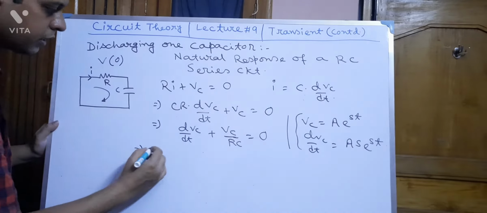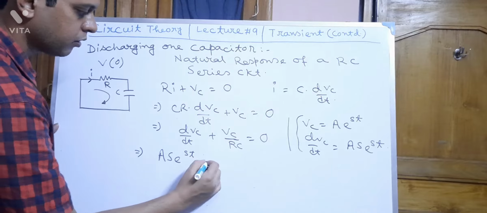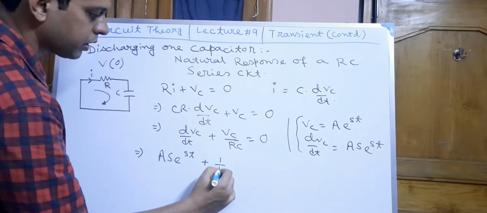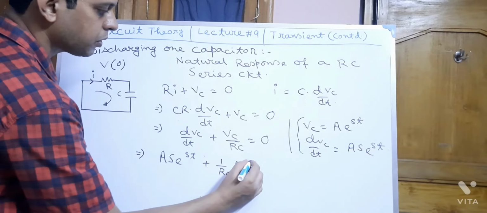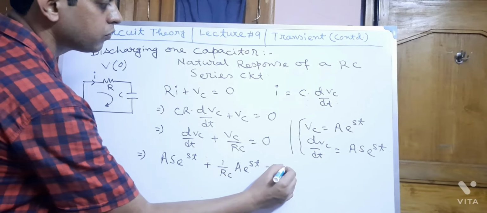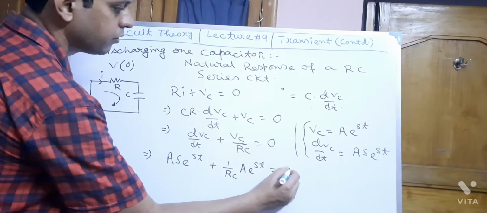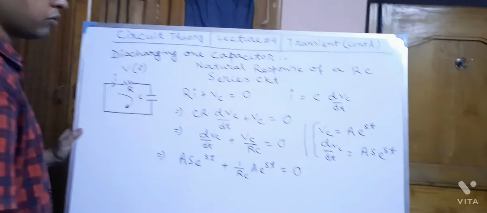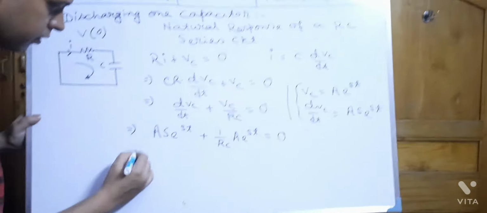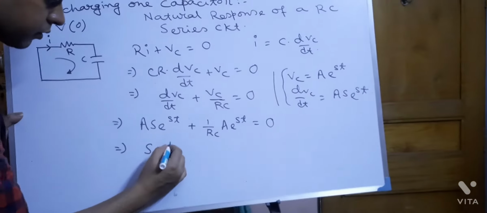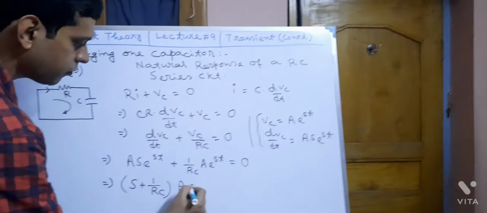So we will get As e to the power st plus 1 by RC A e to the power st equal to 0. So (s plus 1 by RC) A e to the power st equal to 0.